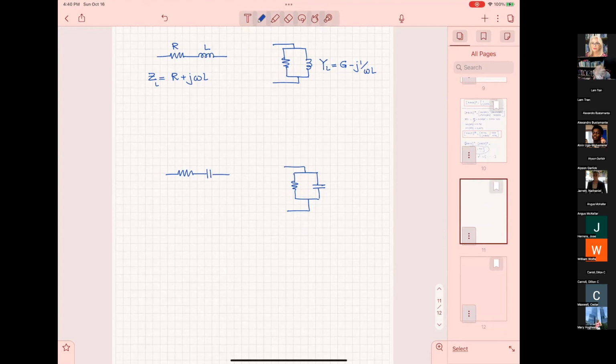When I have this in the series, I'm always going for impedances. That is R minus J over omega C. And this one, YL, is G plus J omega C. Okay, so it's kind of flipped for both of them.